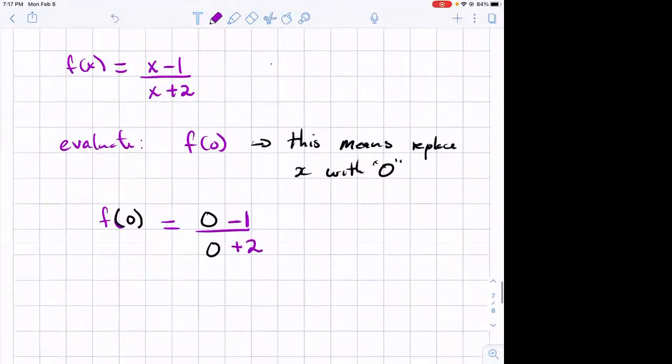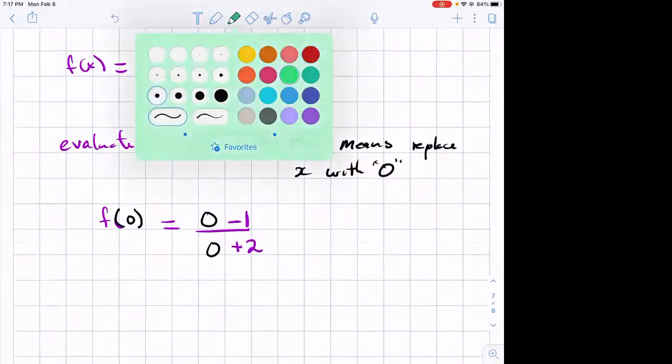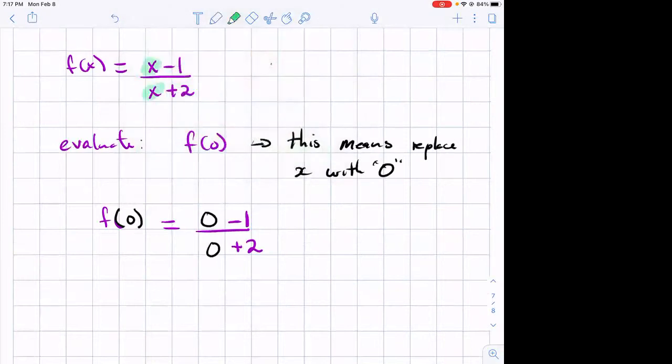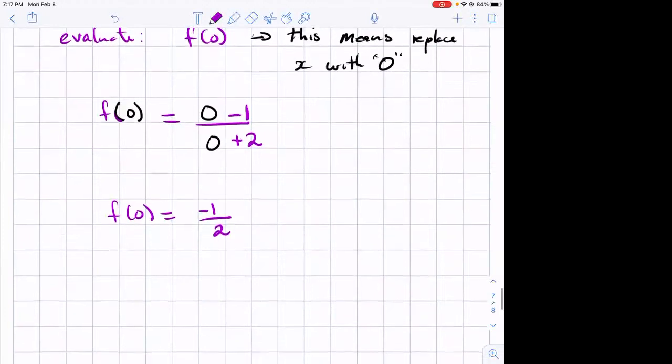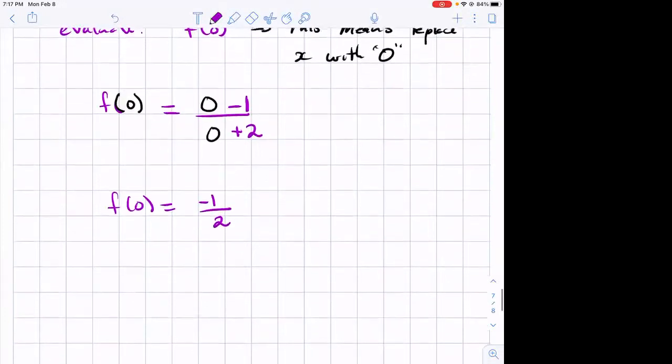So wherever I see x, I replace it with 0, okay? And evaluating this, f of 0 is equal to minus 1 over 2, okay? So evaluating is just plugging in some sort of a number in place of that letter. That's all we're doing.